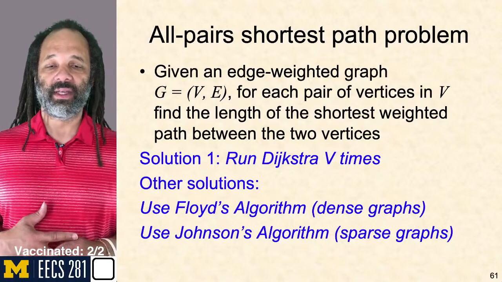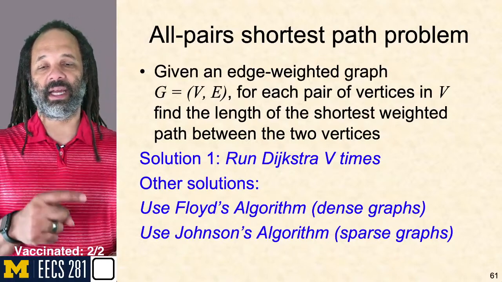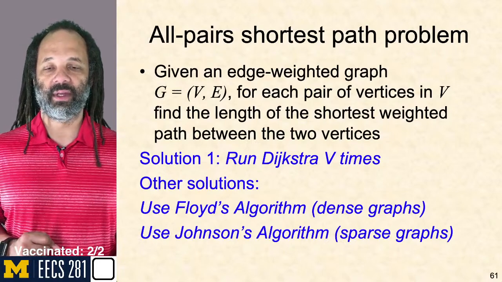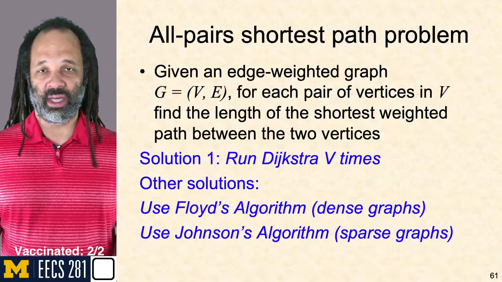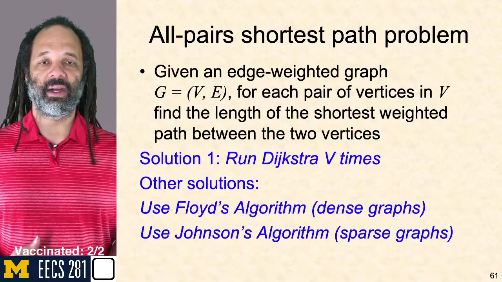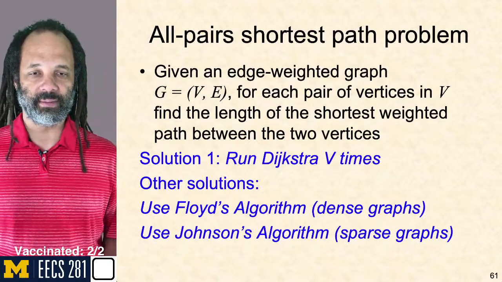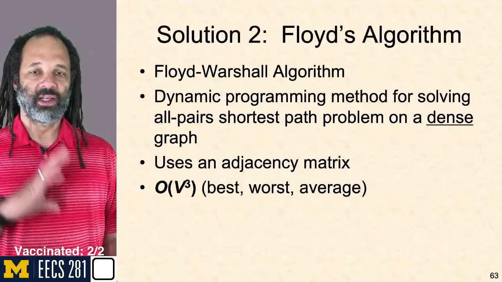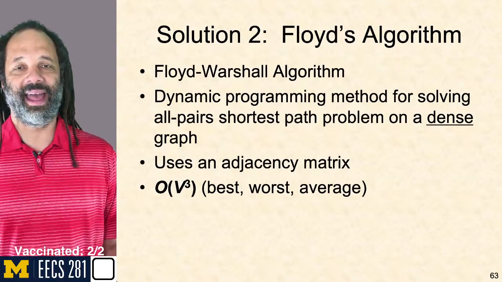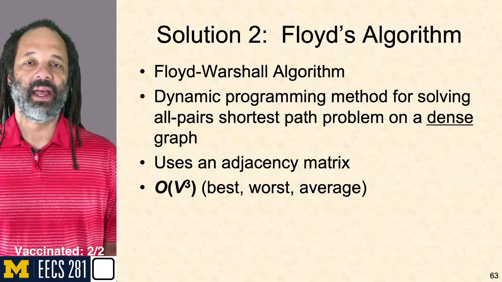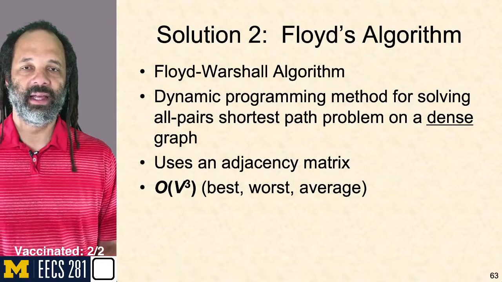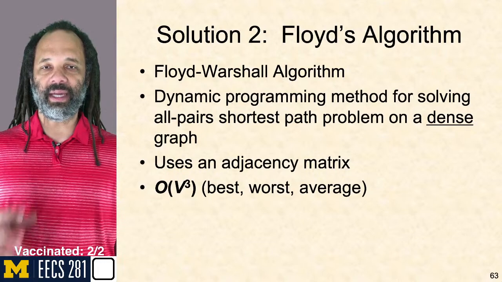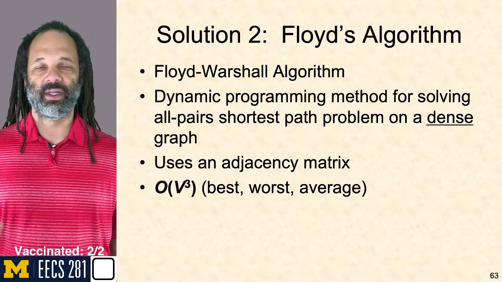Other ways to do this, rather than running Dijkstra V times, is I could use Floyd's algorithm for dense graphs or Johnson's algorithm for sparse graphs. Those are some things that you can look into, but not things that will be covered here in 281. This is where we stop. We have some really good slides on Floyd-Warshall, so have a look at them. It's fun. It's a great algorithm to understand. So Floyd's algorithm, the Floyd-Warshall algorithm, is a DP solution for all pairs shortest path.